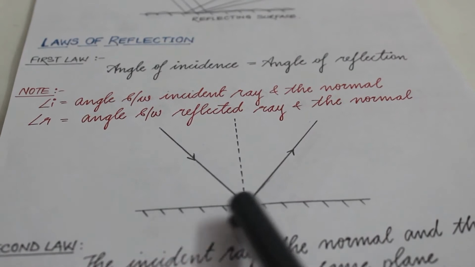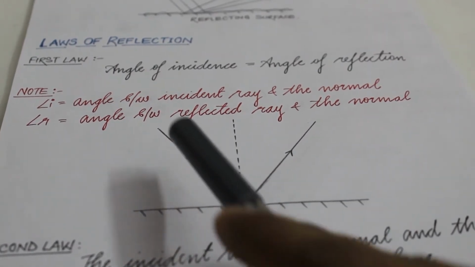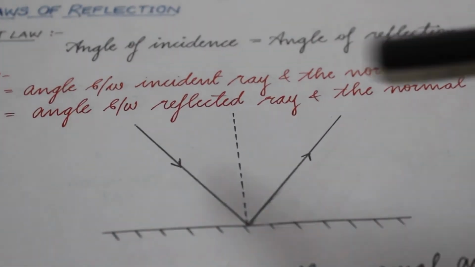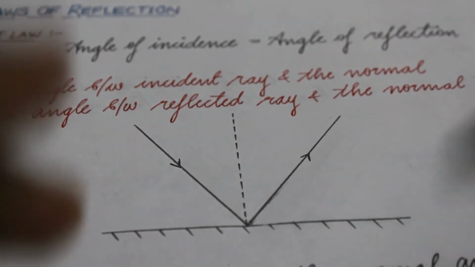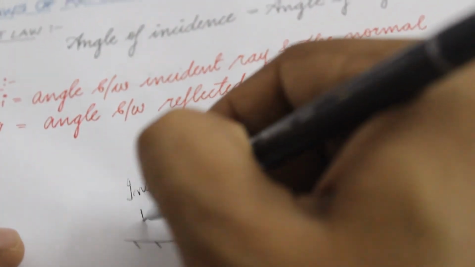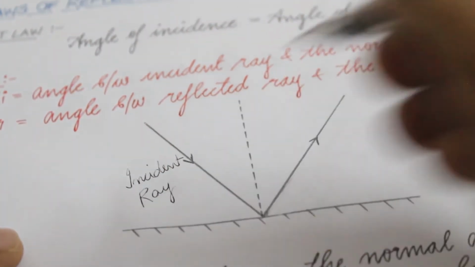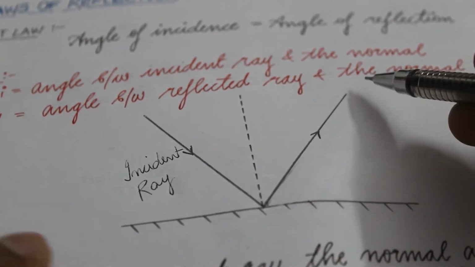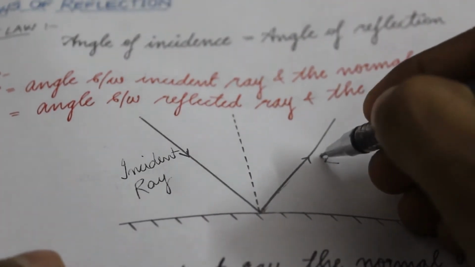As you can see in this diagram, this is the reflecting surface. This line is indicating a ray of light which is coming toward the reflecting surface, so this will be known as the incident ray. This line represents a reflected ray.